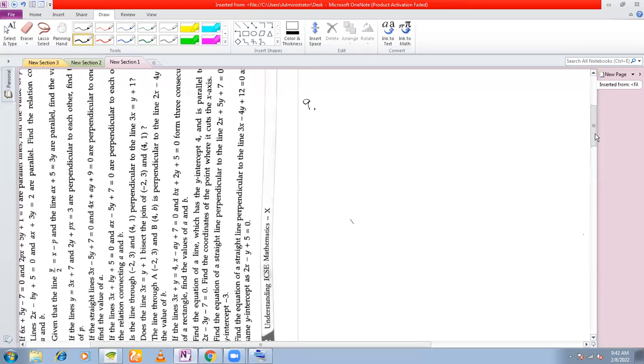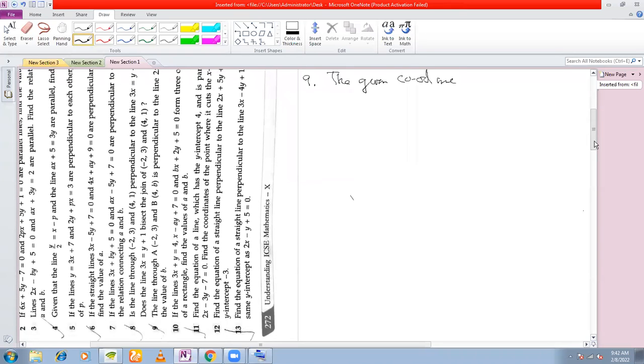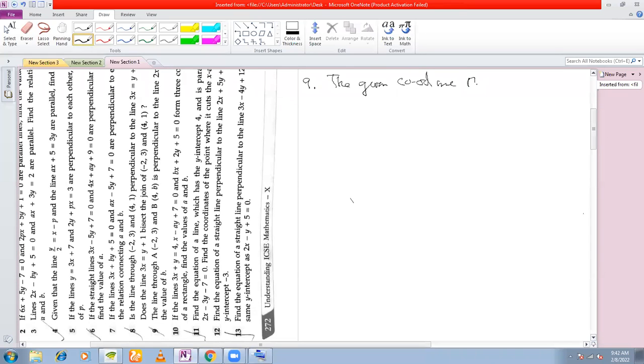Find the value of b. Okay, so the given coordinates are A (minus 2, 3), okay, and B (4, b).